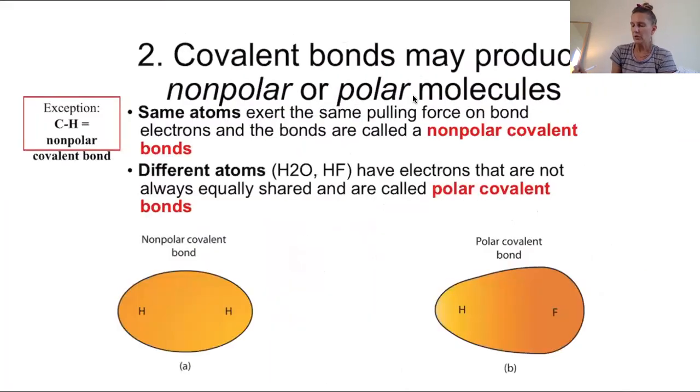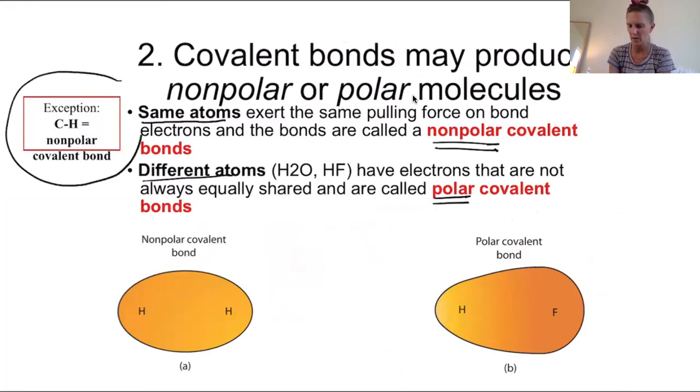All right. So again, if you have the same atoms, this is going to be nonpolar. If you have different atoms, this is going to be polar covalent bonds. The one exception that turns out to be very important is right here. Due to their very similar electronegativities, carbon and hydrogen have the same pull.